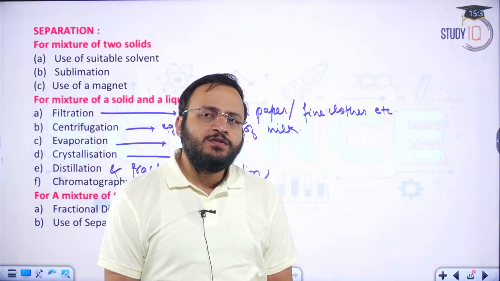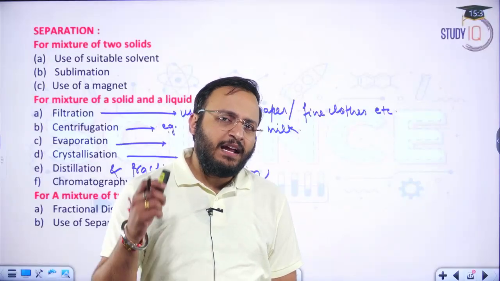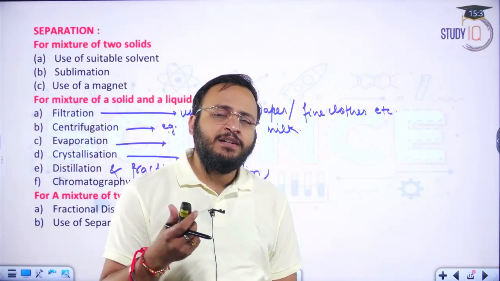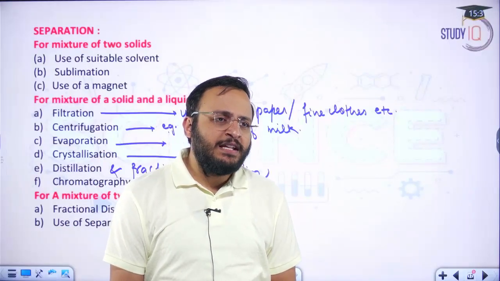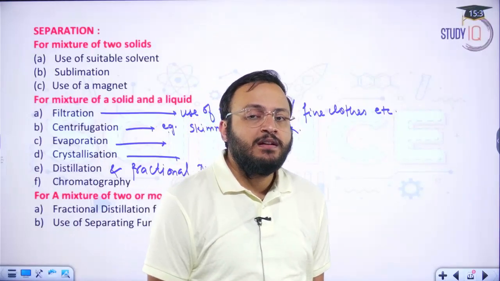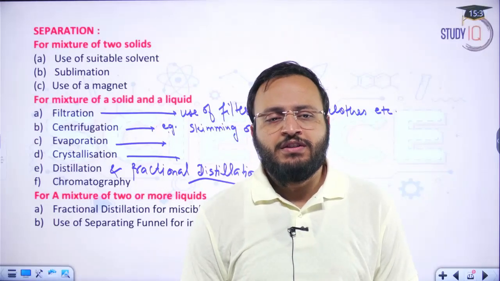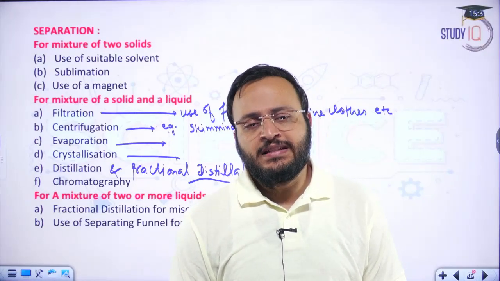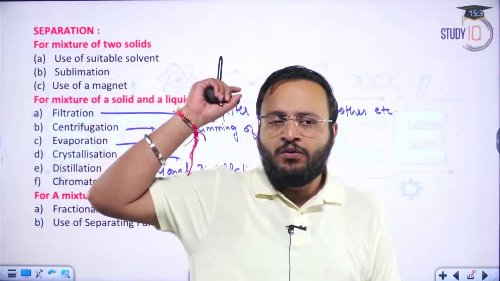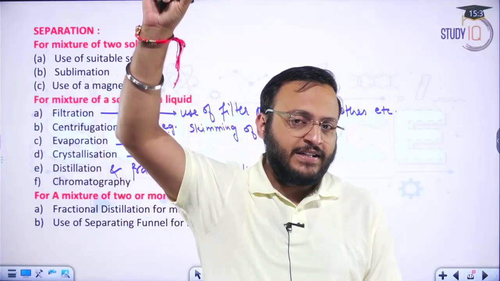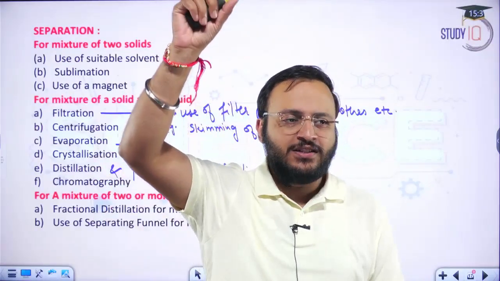Then we use a very special container where at every level we have passages. After heating the entire solution, suppose something starts evaporating at just 20 or 30 degrees Celsius. It will go to the top at the earliest because it is in the gaseous form, and it hits the top.